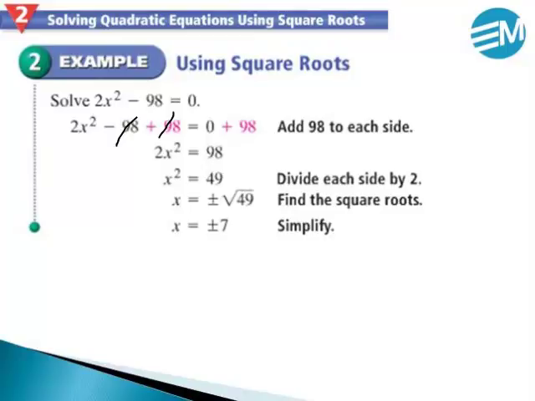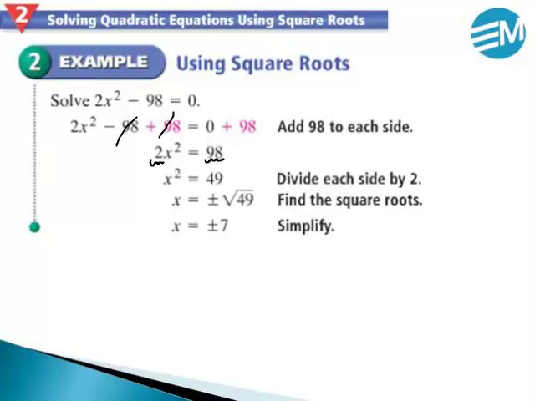That's correct. Because to get rid of minus, you add plus, and then you put it on the other side. And then in order to get rid of 2, which is being multiplied with x squared, we divide both sides by 2. And after that, we get x squared equal to 49.